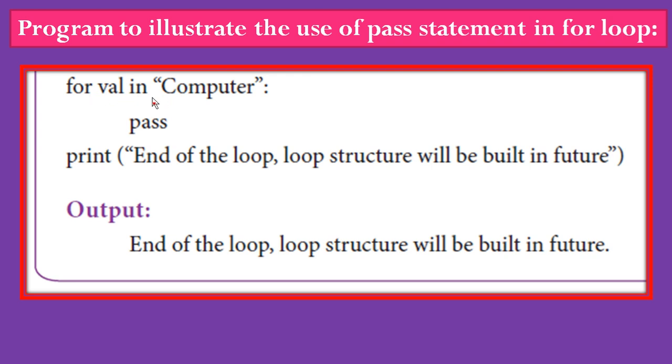So the for structure is not evaluated, and it simply passes away from the for structure, and control transfers to the outside of the for structure. Here the print statement is evaluated.